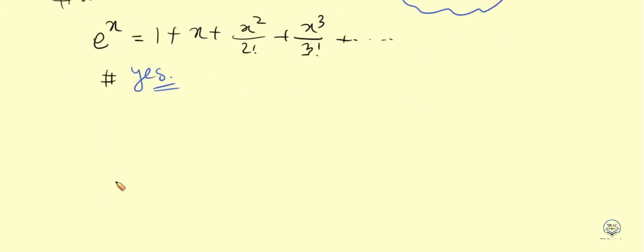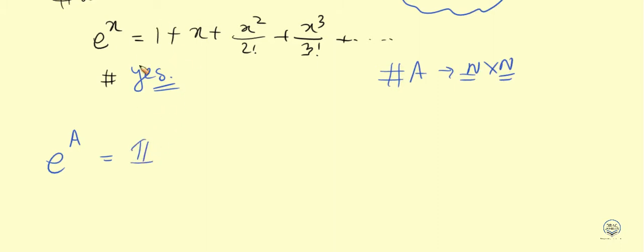Let's try to see. The idea is that whenever you write e to the power A, where A is a matrix, you can always expand it by defining a power series expansion, provided it exists. And also note that we are considering this A to be a square matrix, that is an n cross n matrix. So if you do that, the first element will be the identity, that is the analog to this number over here. So instead of a number, now you're getting a matrix, and this is an n cross n identity matrix.